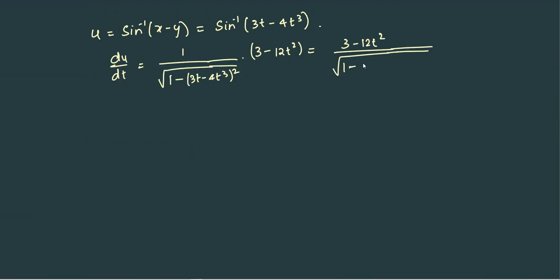So this is 9t square plus 24 t power 4 minus 16 t power 6. Okay.